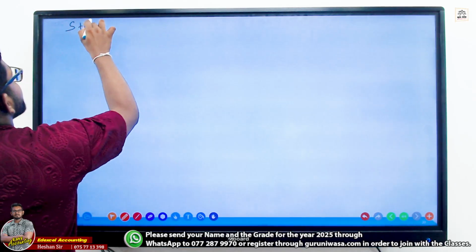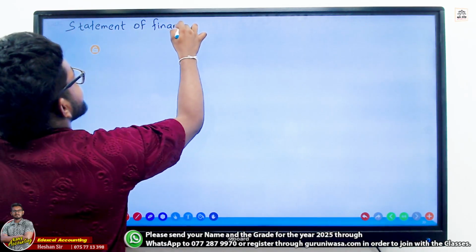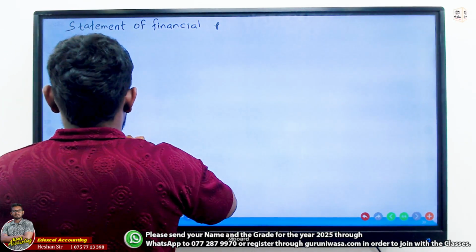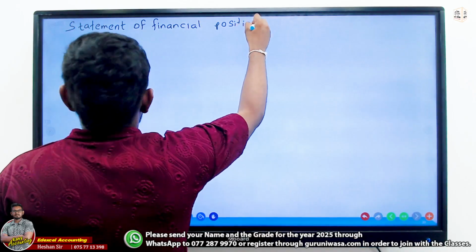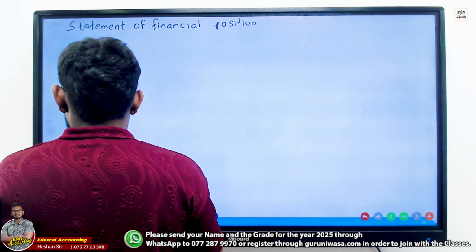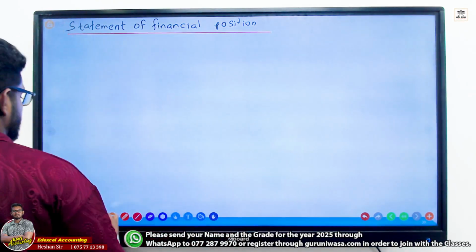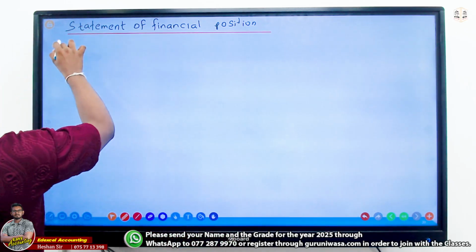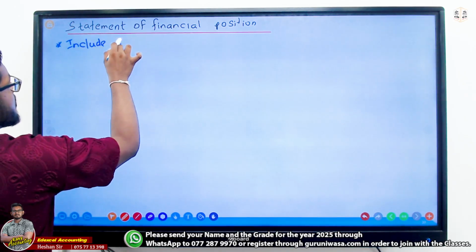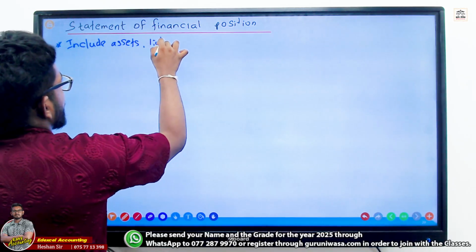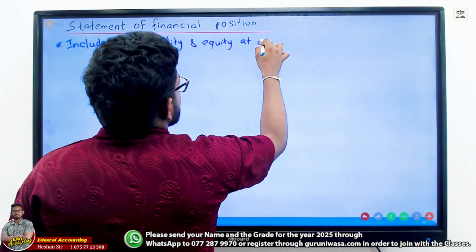Statement of financial position. Right? In here, this includes assets, liability, and equity at a specific date.